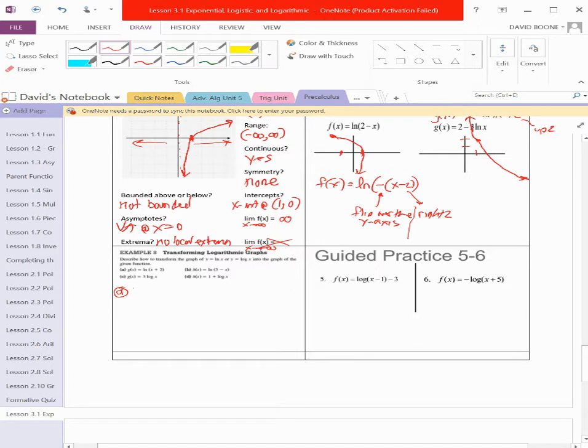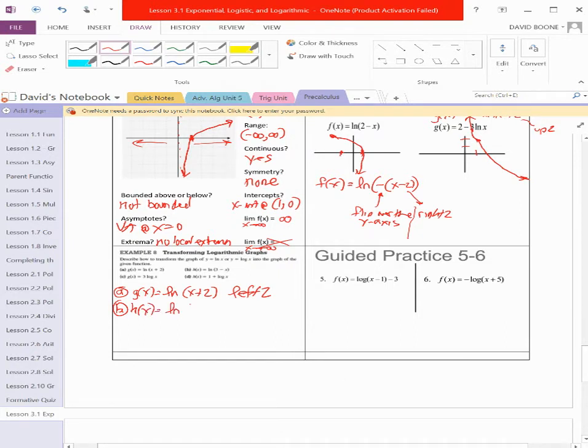And so A is g of x equals ln of x plus 2. What we're supposed to do here is just describe the transformation. This one's inside the x, so think opposite. So this one is just going to the left 2. Letter B was h of x equals ln.